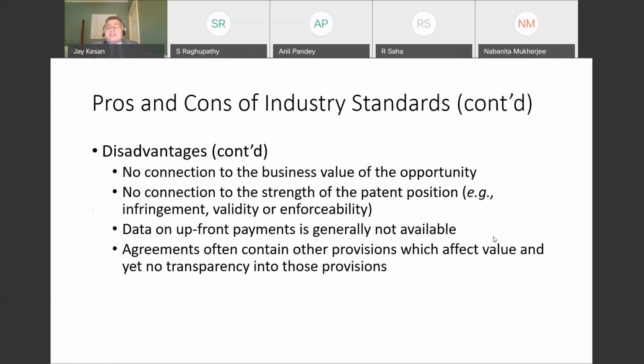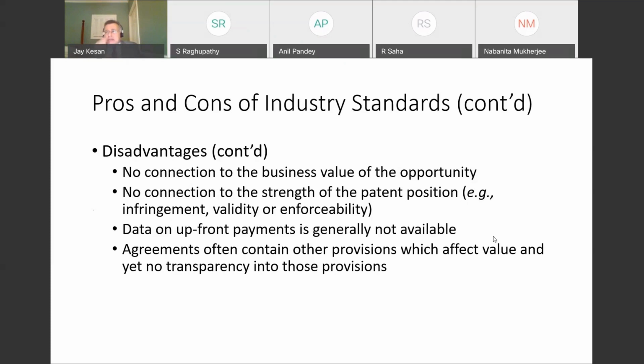Sometimes these industry standards also don't capture the real business value of the particular opportunity. If this particular IP was deployed, what really was the business that could have been exploited? There's very often no connection to the actual strength of the patent itself.